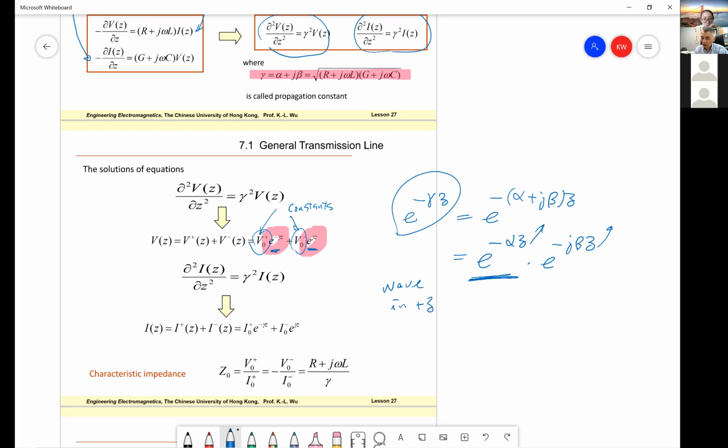Then this is the wave in the minus z direction. So far we don't have any problem.